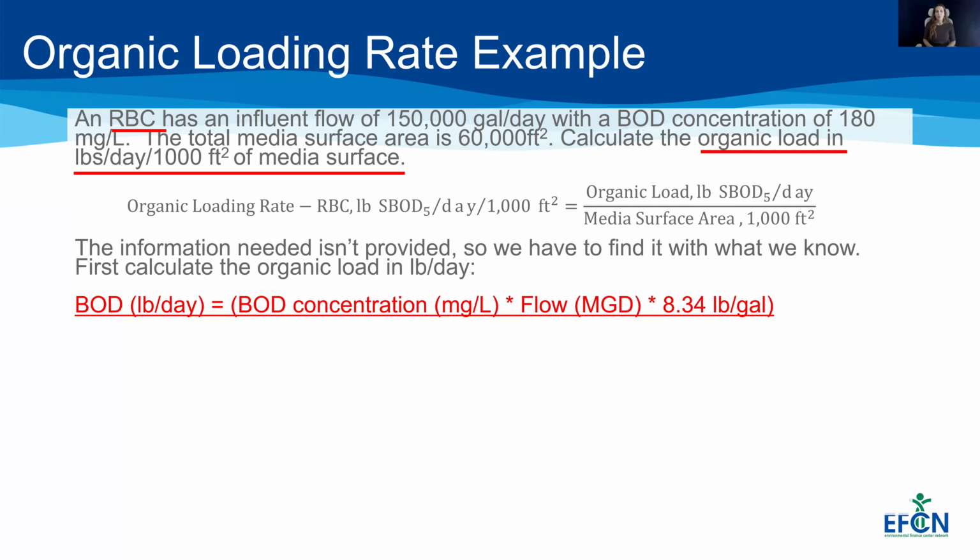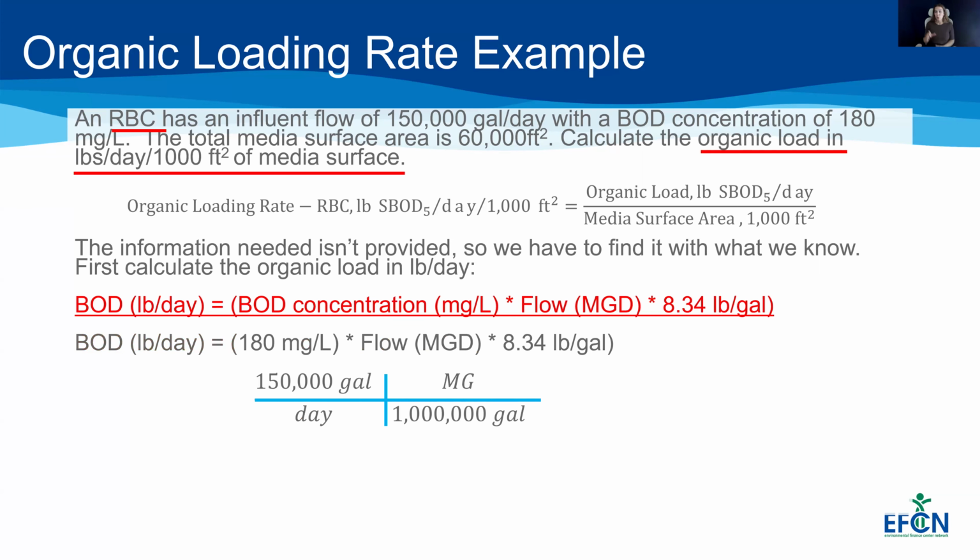It is 0.15 MGD. And if you'll recall, that's because we divide the 150,000 gallons per day by 1 million gallons, which is equal to 0.15 MGD.